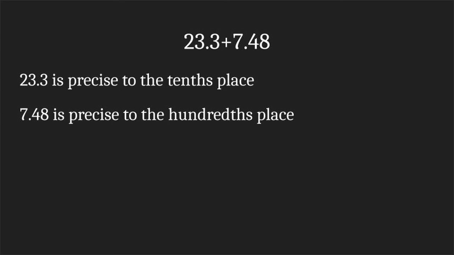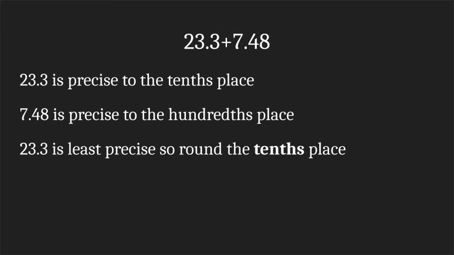When a number is least precise, generally speaking, it will have fewer decimal places, such as the 23.3. So 23.3 is least precise, so we're going to round to the tenths place, because that's where its rightmost significant figure is. Then, we're going to throw these numbers into a calculator and add them together.